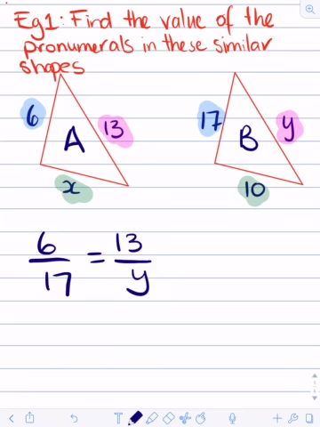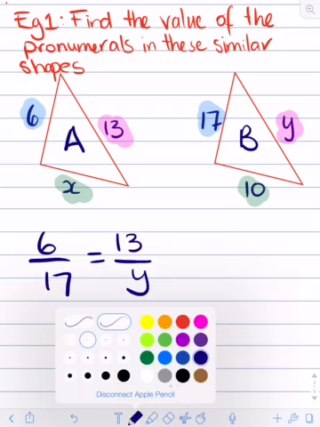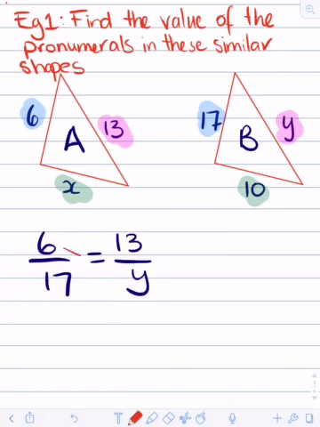So if you put shape A on the top, here I put the 6 on the top, then the 13 has to be on top too, and 17 on the bottom, y on the bottom. Now here we're going to use a cross multiplication method to do this. So I'm going to times the 6 by the y, and I'm going to times the 13 by the 17. So we then get 6y equals 13 times 17, which equals 221.